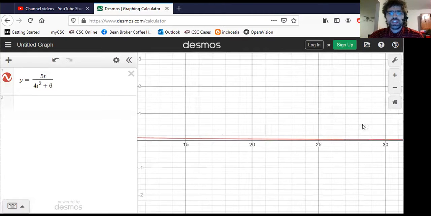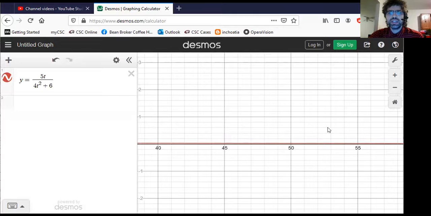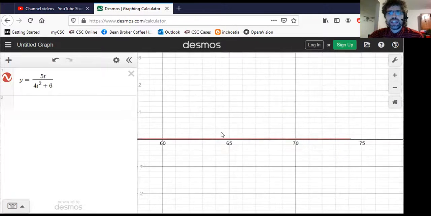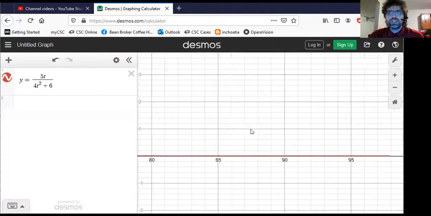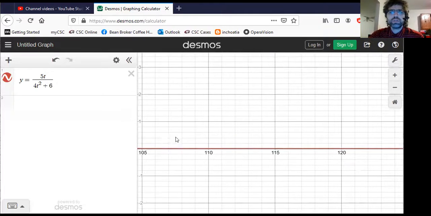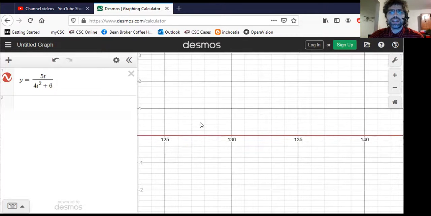And you see that as time gets big, this graph simply looks like a horizontal line. And that's what it means to have a horizontal asymptote. In particular, it looks like the horizontal line y equals 0, because it has a horizontal asymptote y equals 0.